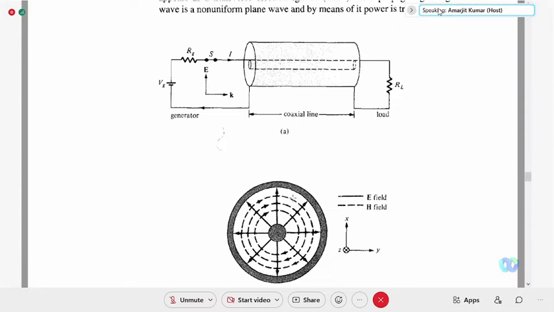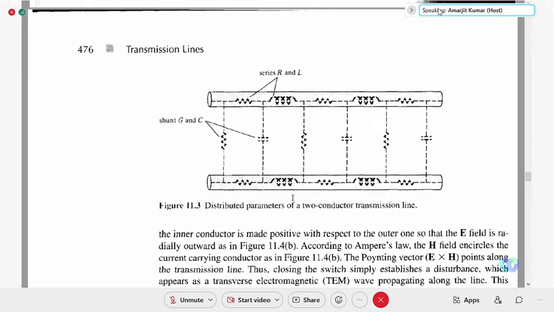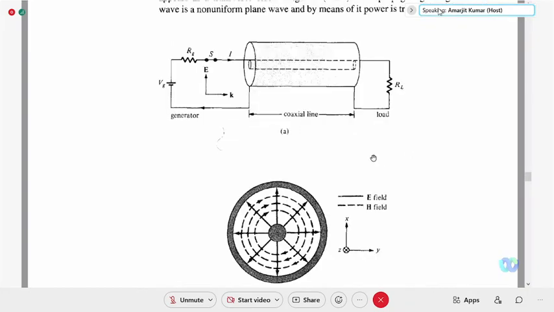It will propagate in the Z direction because the Poynting vector is given as E cross H. We will discuss later what the Poynting vector is. So it will point along the transmission line, the Z direction.